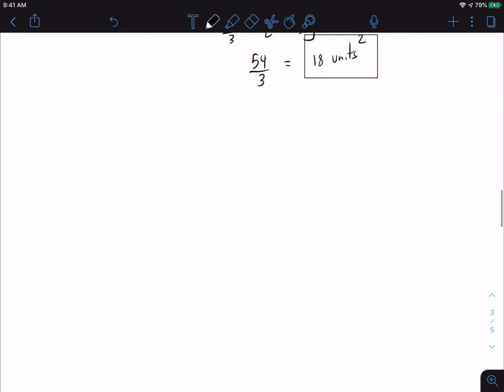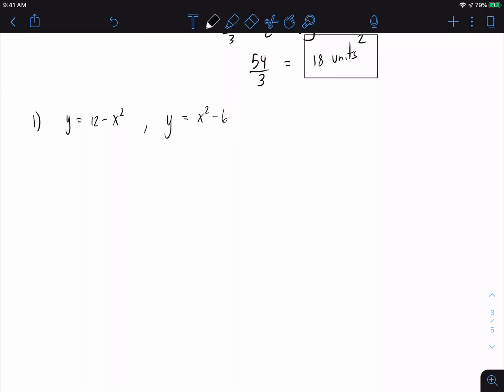Okay, so let me give you guys the first problem to try. And these are out of your textbook. So these are the two problems, and I want you to find the area between the two. Okay? So y is equal to 12 minus x squared, and y is equal to x squared minus 6.